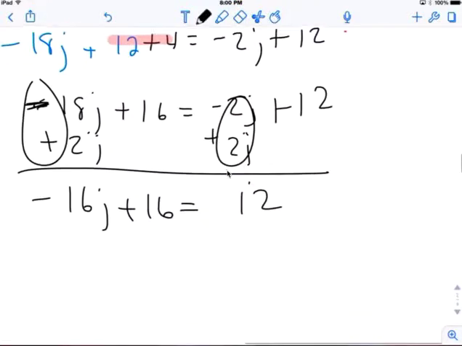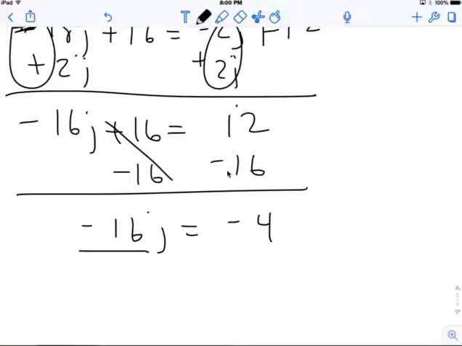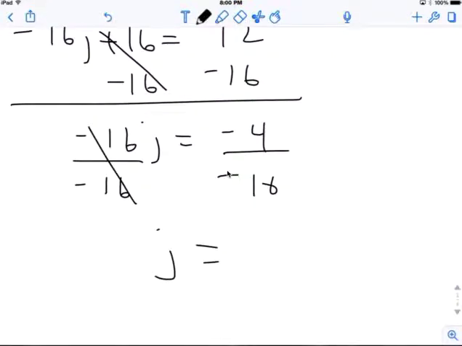But even if you did it this way, you still end up with -16j equal to -4, and then you divide by a negative, and 2 negatives make a positive. You got a positive reduced to 1/4.